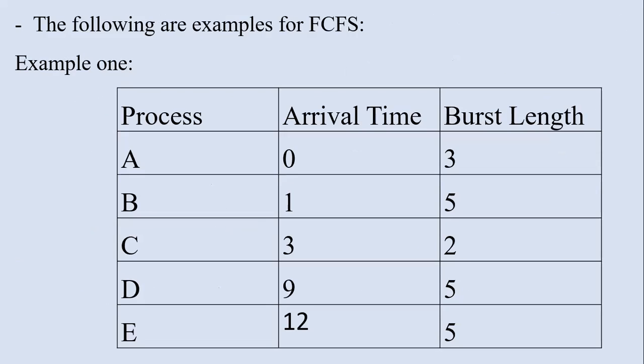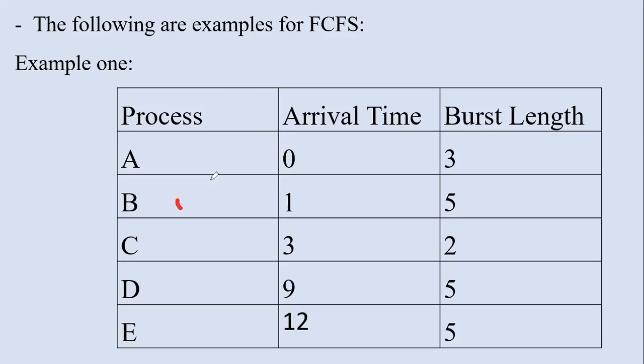The following are examples for first come, first served. In this table, we have several processes. Process A arrives at time 0 and requires a burst of 3.